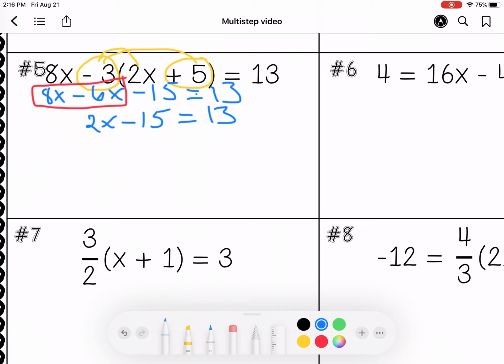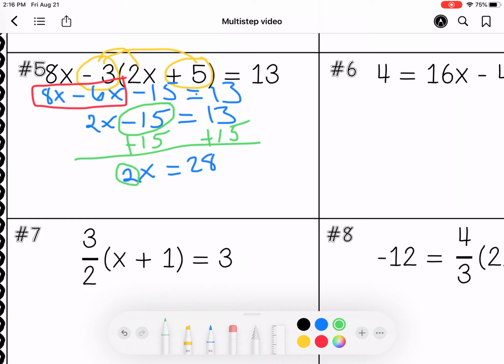Again, now I have a 2-step equation. First step, move my constant. Identify your constant: it is negative 15. How do I move a negative 15? I add 15. That leaves me with 2x is equal to 28. Now, as we learned from our videos before, our last step is to move our coefficient.